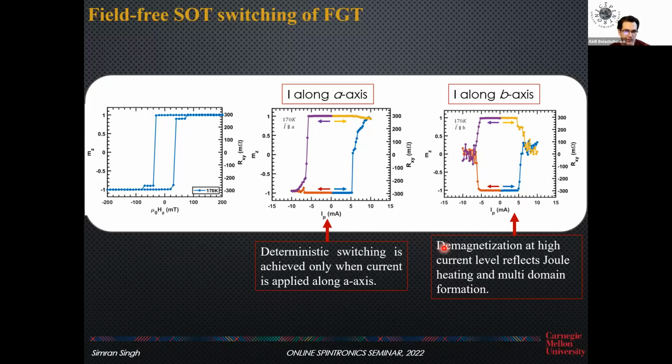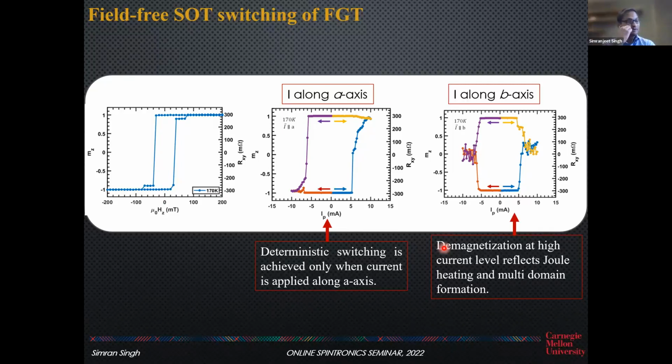You're assuming that what's important is the crystallographic orientation of the TMD. But is the crystallographic orientation of FGT irrelevant? Have you looked into that? Do you know something about it?